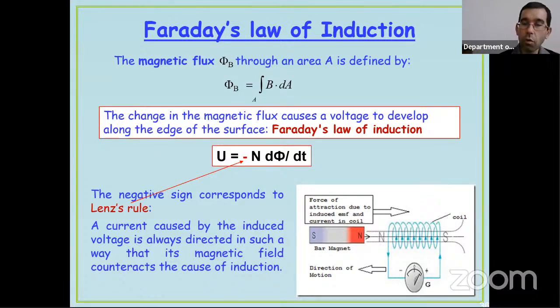Because if it were not so, the induced magnetic field could enhance the original magnetic field, and thereby an infinite magnetic field could be created. Obviously, it's not possible. From a finite magnetic field, we can't have an infinite magnetic field. So that's why we need Lenz's rule, in order to fulfill the conservation of energy.